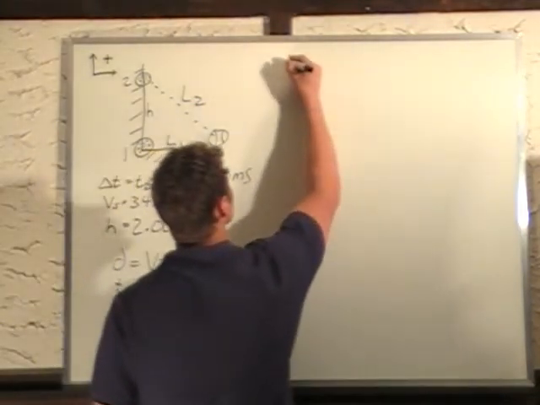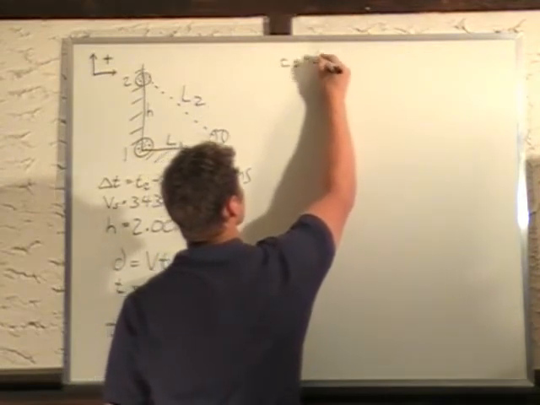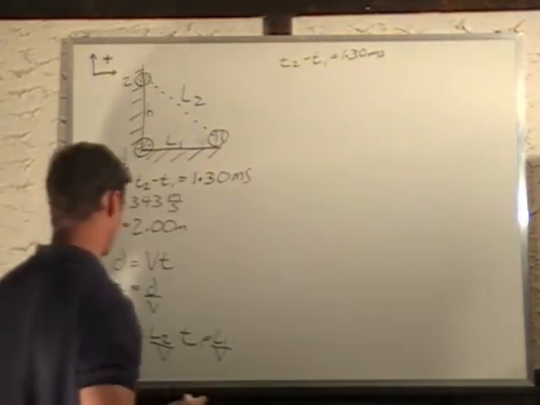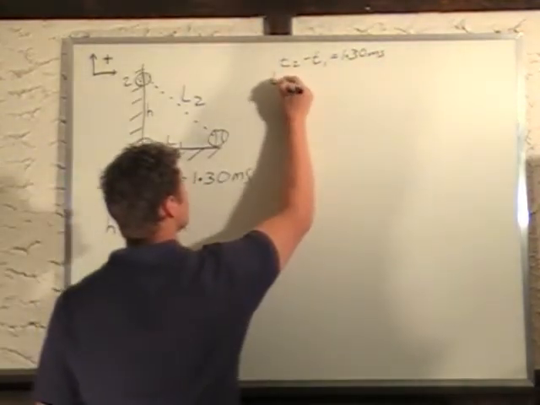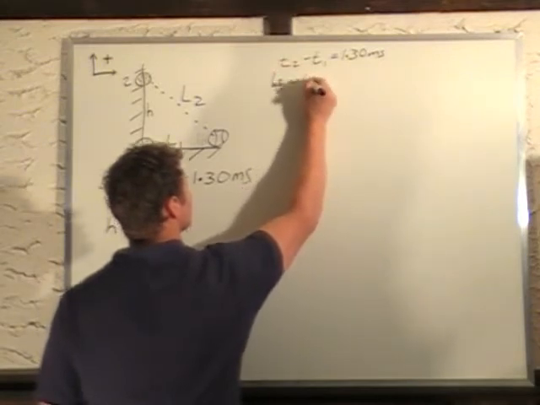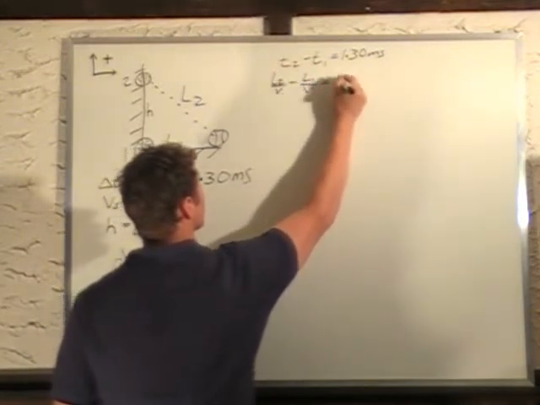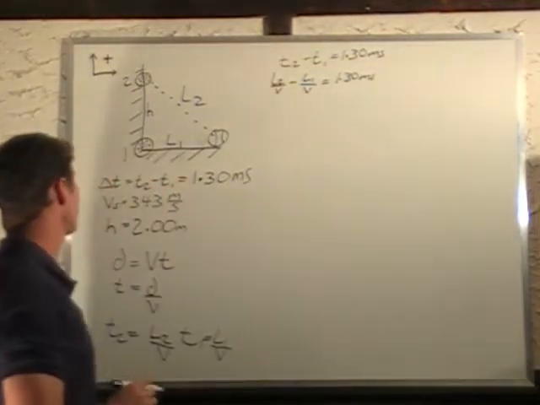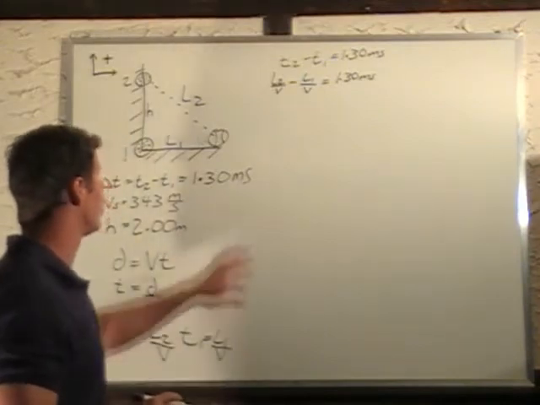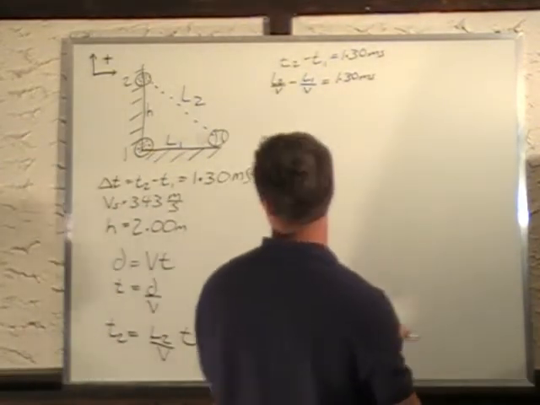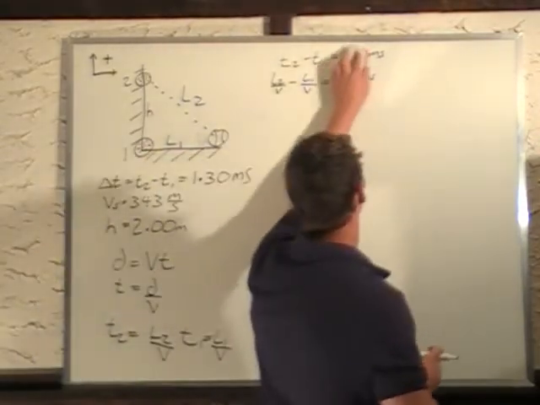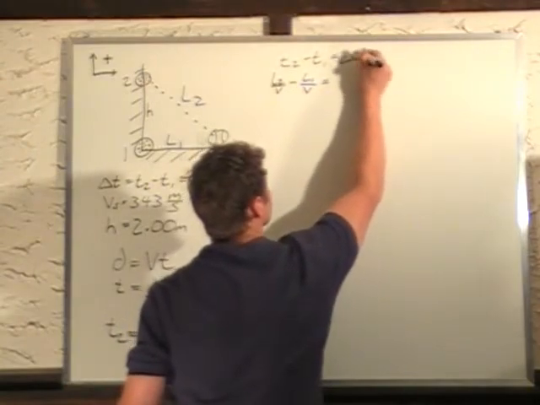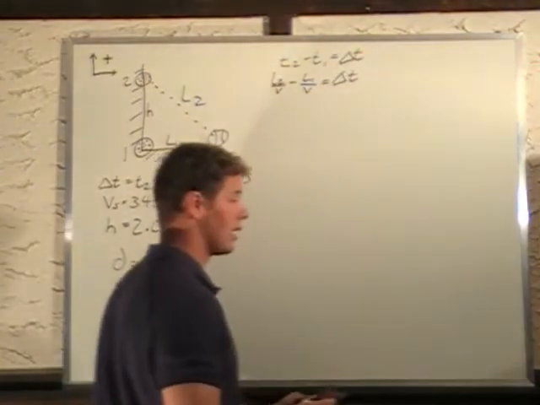So we have T2 minus T1 equals 1.30 milliseconds. We plug in L2 over V minus L1 over V. Instead of calling this 1.30 milliseconds, I'm just going to leave it as delta T so it's easier to work with, and we'll plug everything in at the end.